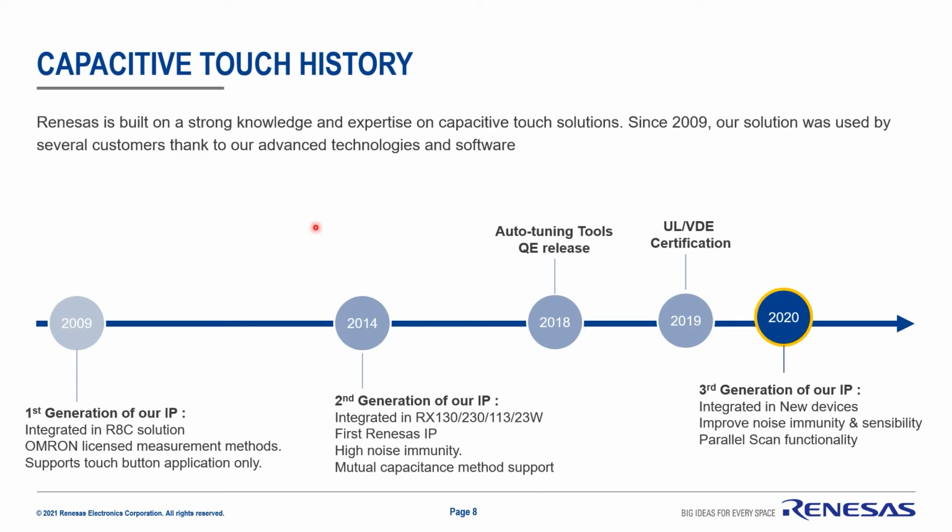The second generation was developed in 2013, and this one was a Renesas IP. We developed this IP based on our knowledge, and it is integrated in the RX product line, and that offers high noise immunity to our customers. We also support mutual capacitance design.